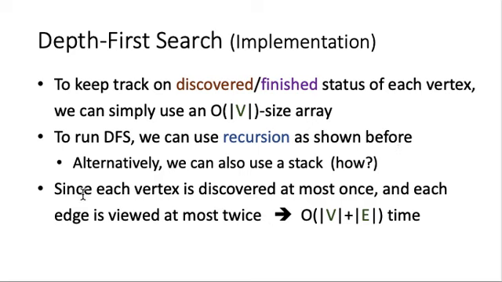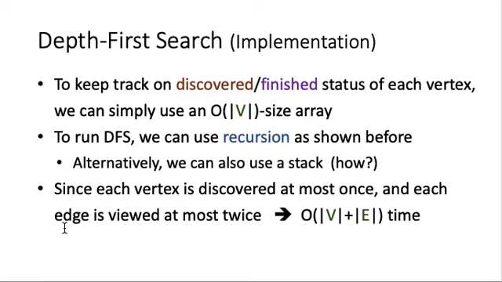If we look at the time, the best way to analyze this recursive method is to find out how much work is done with respect to the vertices and with respect to the edges. First of all, each vertex is discovered at most once, so the time we spend on the discovery of a vertex, line 1, is done only order V times.